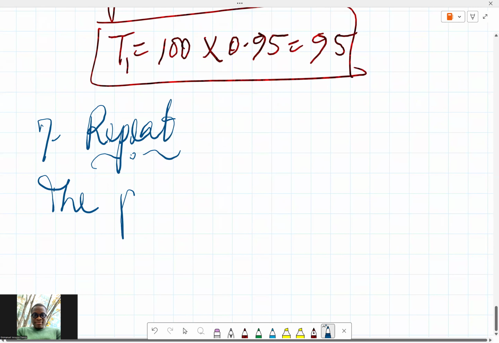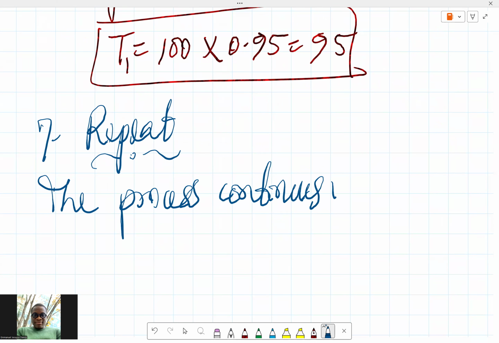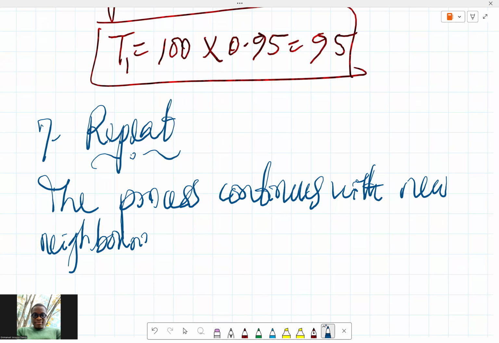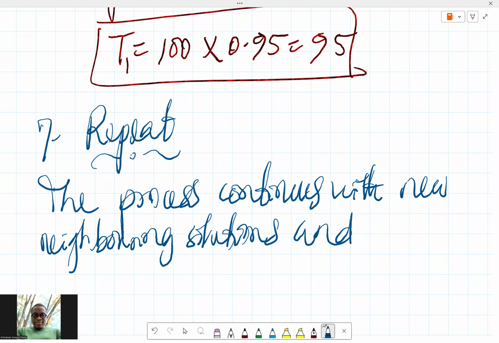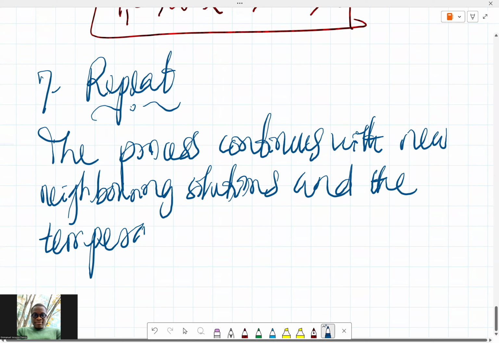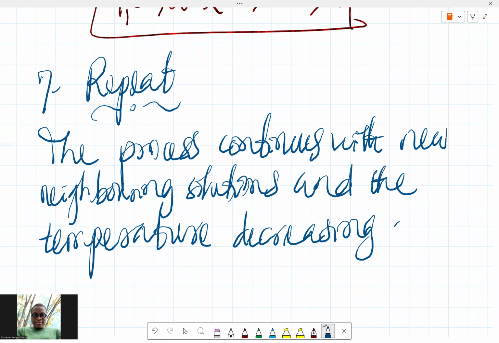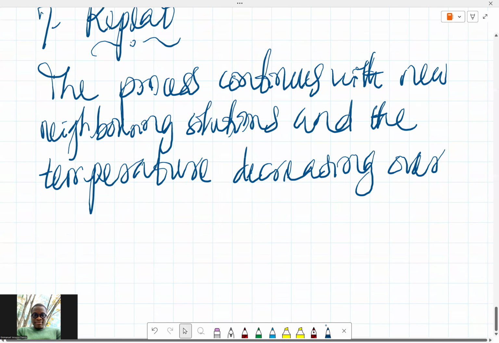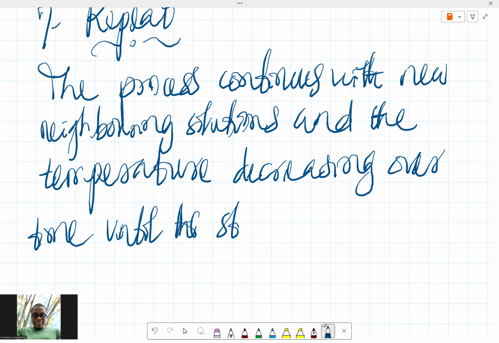So the process continues with new neighboring solutions and the temperature decreasing over time until the stopping criteria are met.